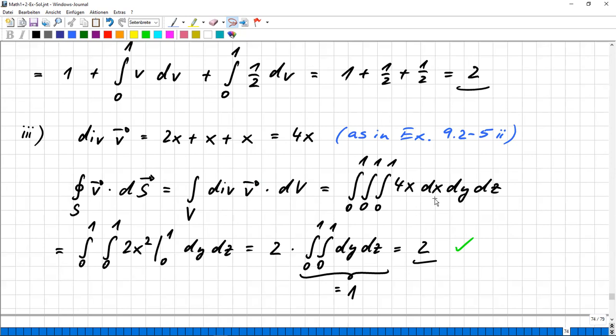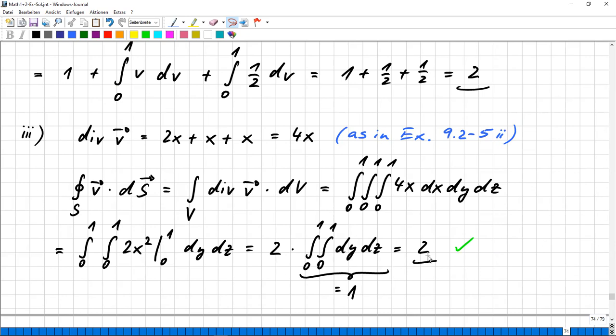And performing the x integral first, we get the primitive function of 4x with respect to x, which is, of course, x squared half times 4. And then we get 2 times x squared, evaluated from 0 to 1. So this is 2. The constant 2 may even be drawn outside, and the rest of it, the integration over y and z, is just trivial, gets a factor of 1.